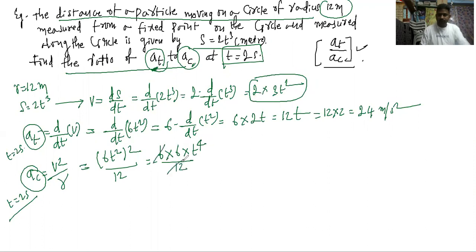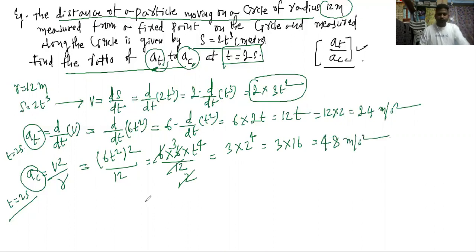So this is 3 into 2 to the power 4. Total, how much? 48 meter per second square.